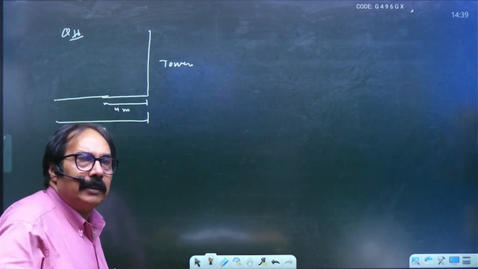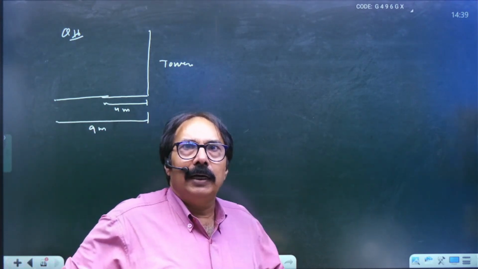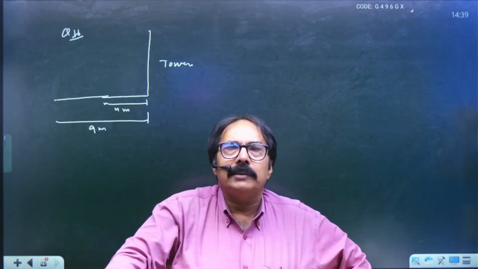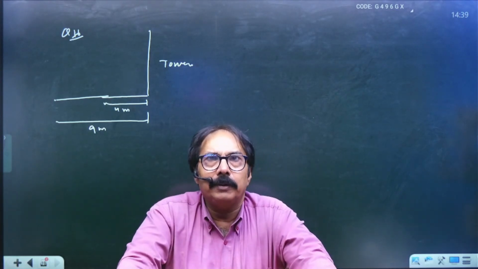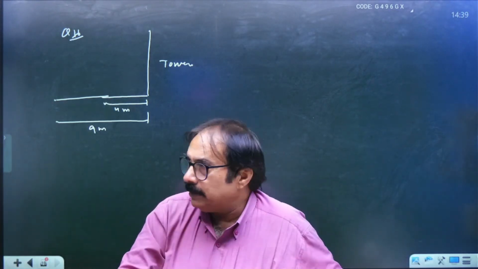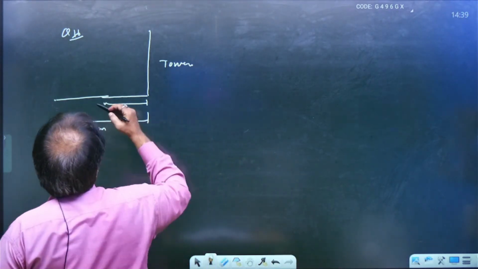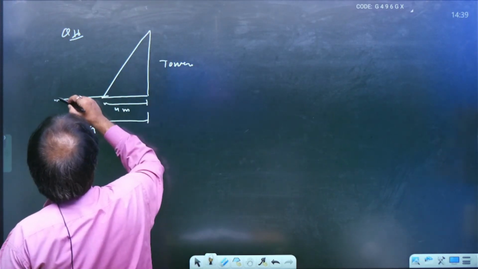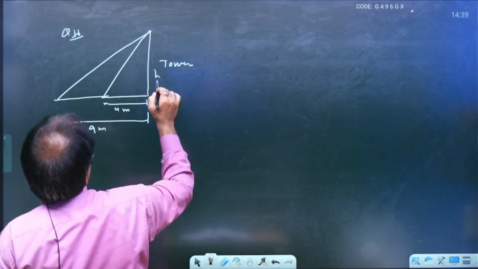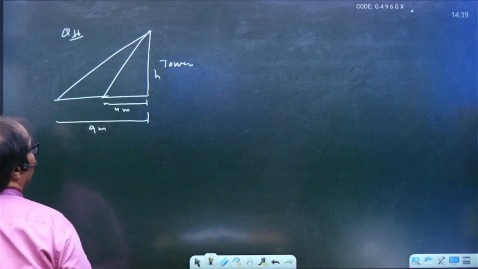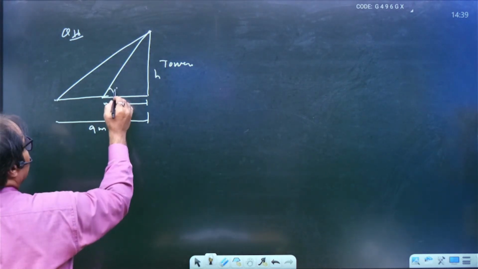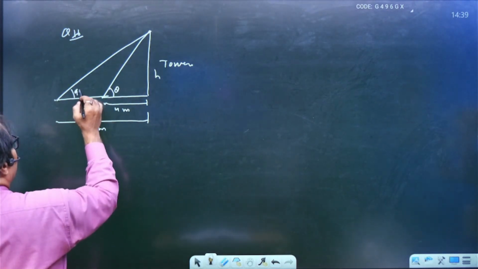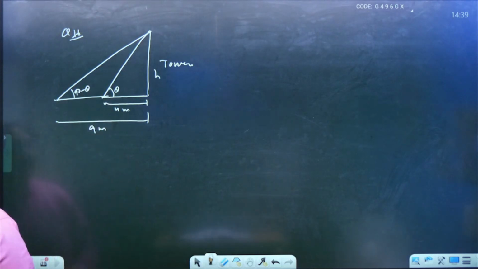Complementary angles means the sum of two angles is equal to 90 degrees. If one angle is theta, then the complementary angle will be 90 minus theta. Then prove that the height of the tower is equal to 6. So this angle is theta, so this angle will be 90 minus theta, the complementary angle.